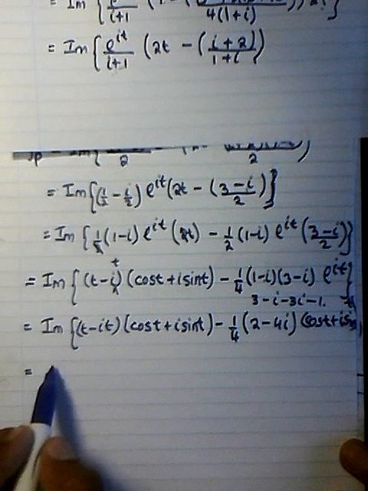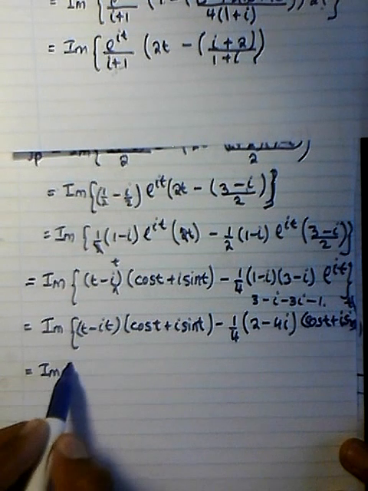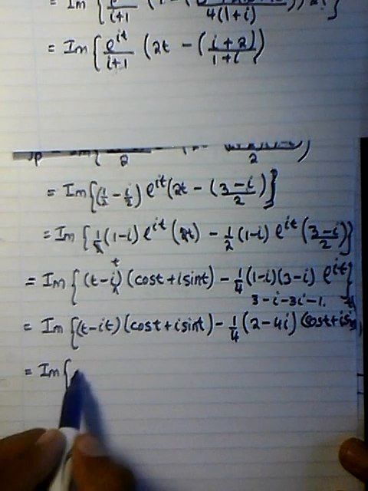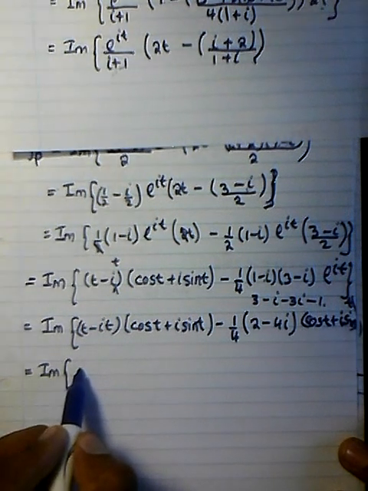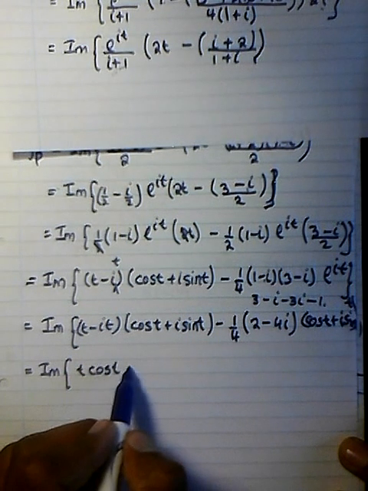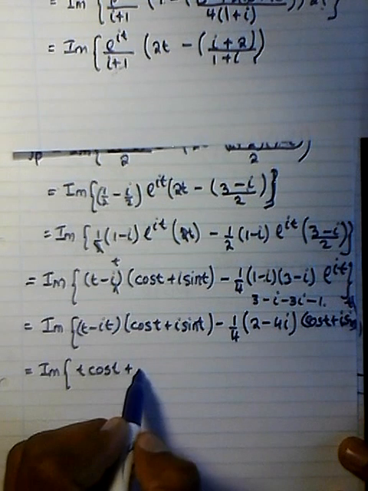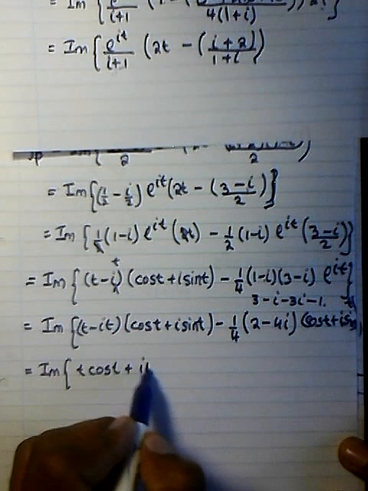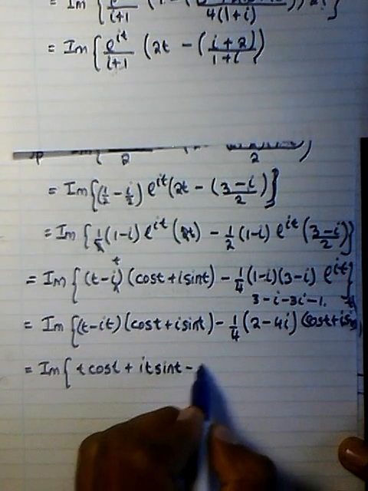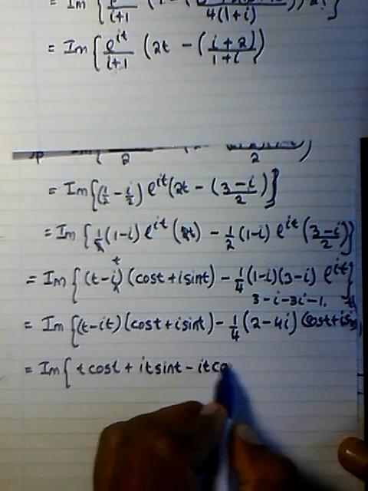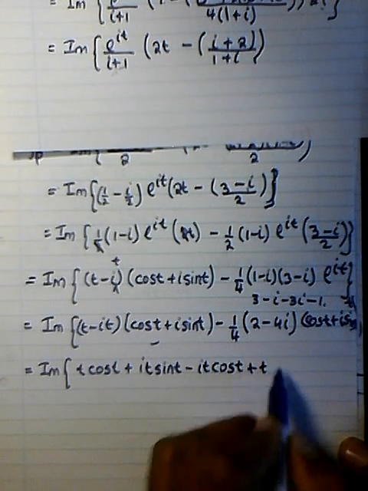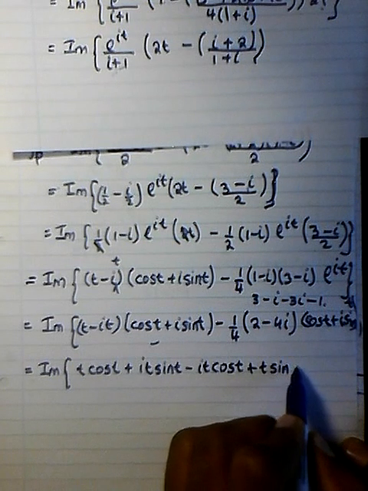So we're going to get the imaginary part of, okay, let me just multiply out. So we're going to have t cos t, and then plus i t sine t, minus i t cos t, plus t sine t.